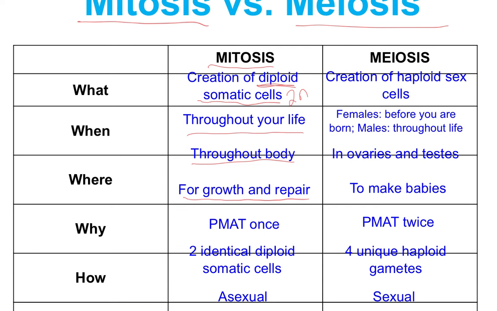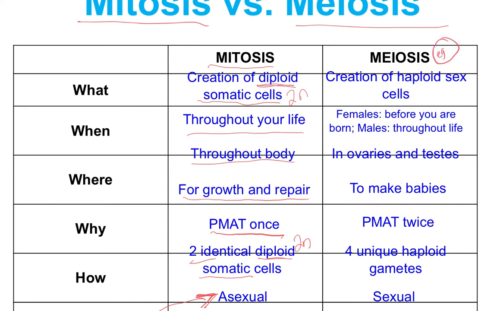And so this prophase, metaphase, anaphase, telophase, it only happens one time to produce two identical cells that will also be diploid, 2N, and somatic, just a functioning cell doing cell stuff. This is asexual, type of cellular division. Meiosis, very, very special type of cellular division.